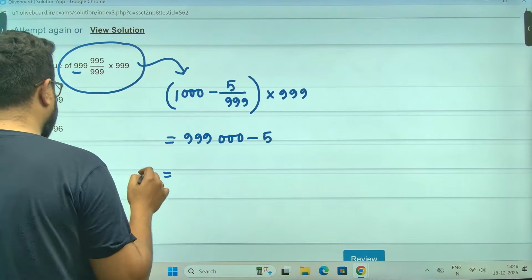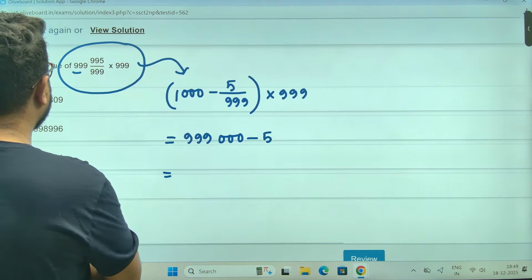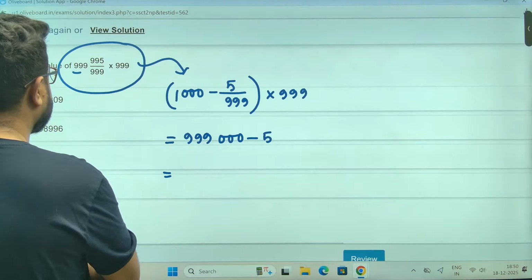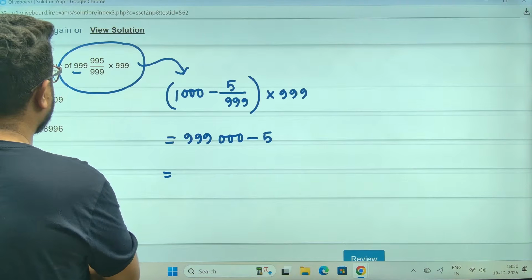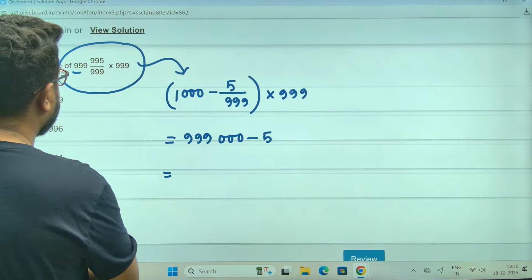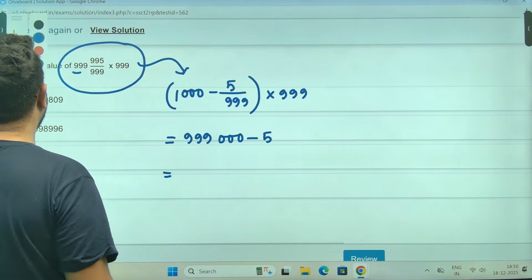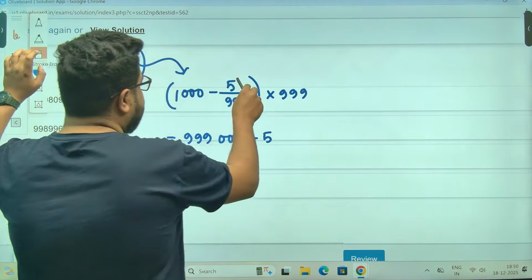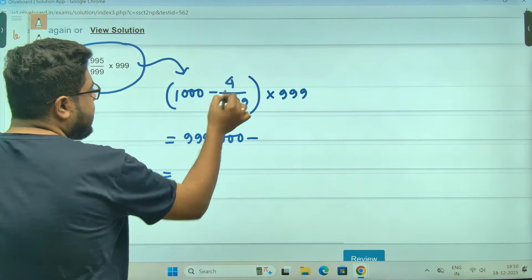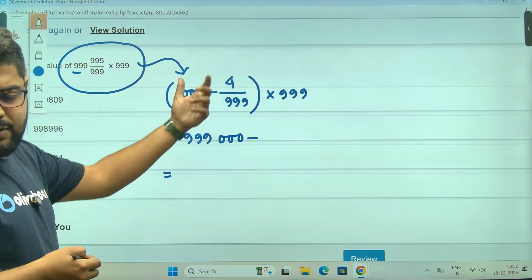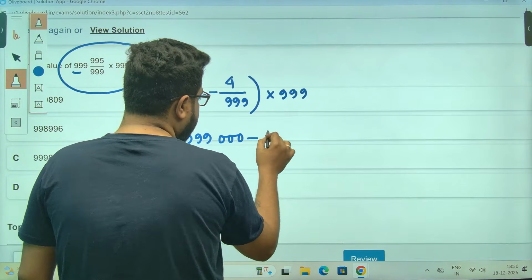I must have done something wrong. क्या गलत किया मैंने? अरे, this should be 4. Sorry, I have written 5. This should be 4 because नीचे 999 है ना. So 4 by this, then only it satisfies. And so this is 4.